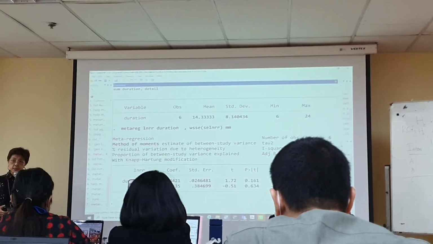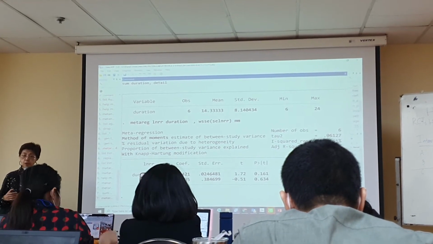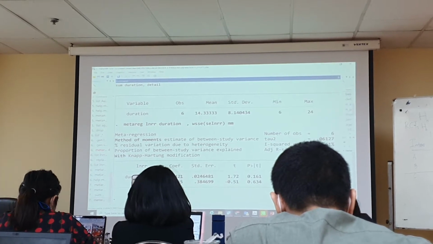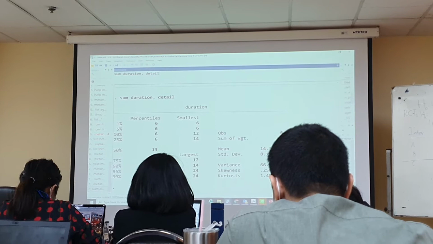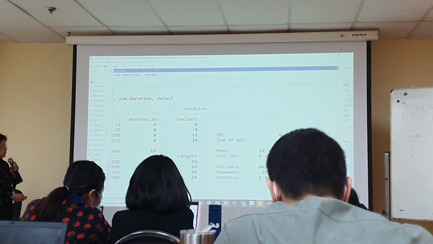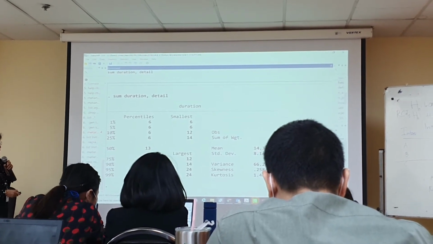Sum means summarize. Now we want to take a look at the mean, and with the detail option we want to take a look at the percentile, the distribution of this variable as well. The minimum is 6 weeks and the median is approximately 13, mean is 14.